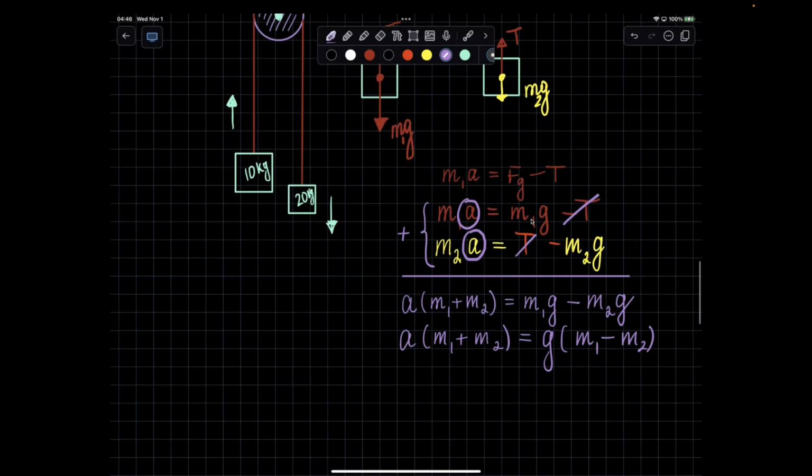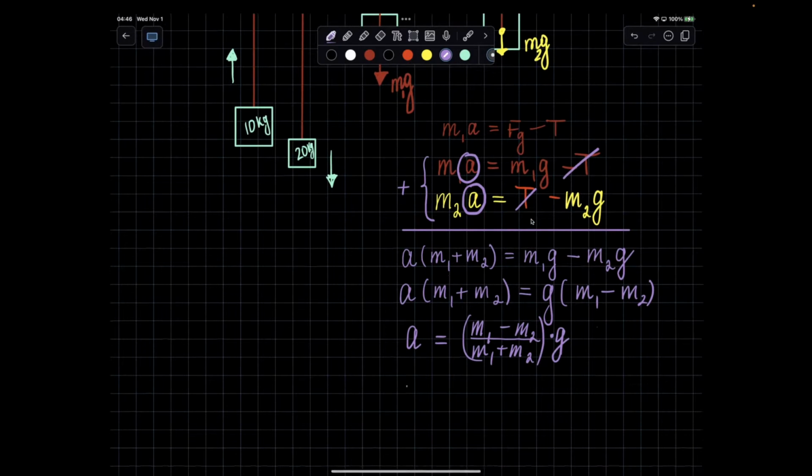And then my acceleration for the whole system is going to be m1 minus m2 over m1 plus m2 times g. So let me calculate that real quick. 3.3 meters per second squared.